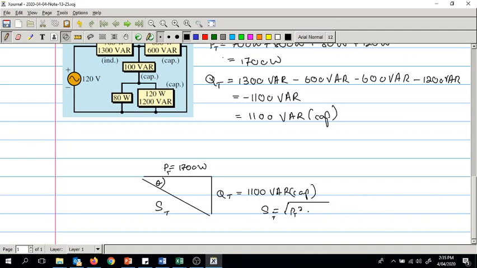ST is the square root of PT squared plus QT squared, which is the square root of 1700 squared plus 1100 squared, right?